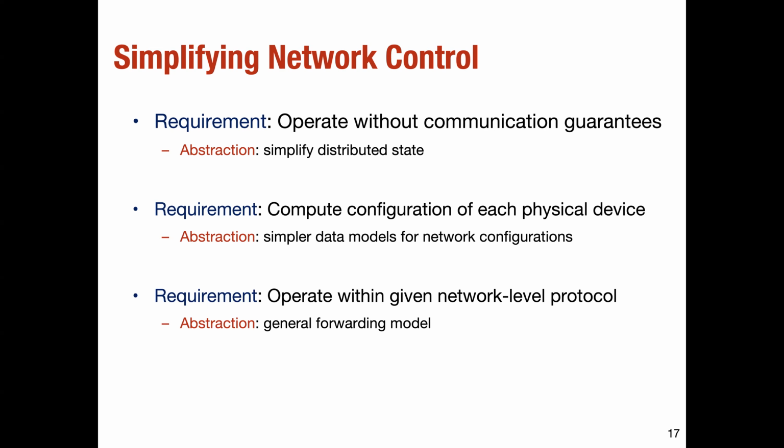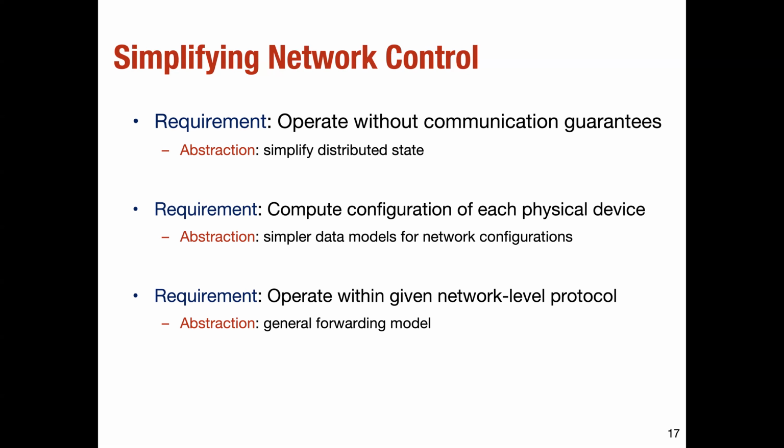Whatever new thing we come up with has to comply with the network level protocols already accepted or adopted by these routers. To counter that, the abstraction we really need is a general forwarding model, right? A forwarding model that is not tied to a specific type of device or protocol, something very generic, agnostic to the vendors that are making these devices.